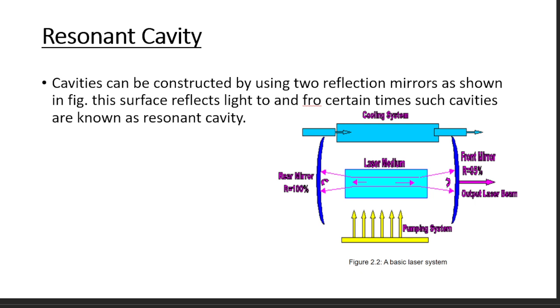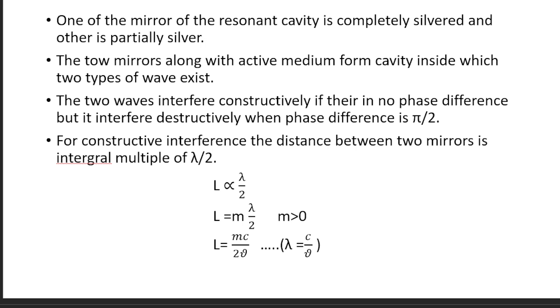One of the mirrors is completely silvered and the second one is partially silvered. These two mirrors along with the active medium form a cavity in which there are two types of waves. They interfere constructively if there is no phase difference between these two waves, and they interfere destructively when the phase difference is pi by 2.